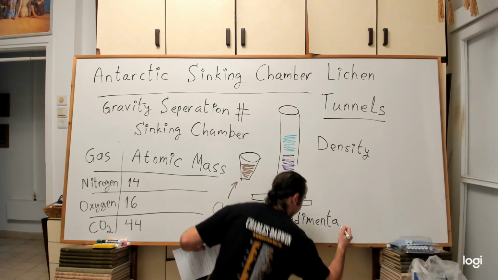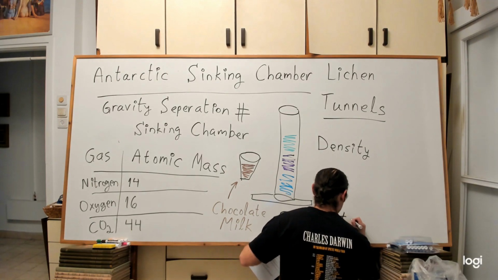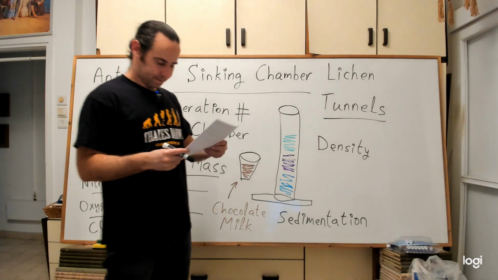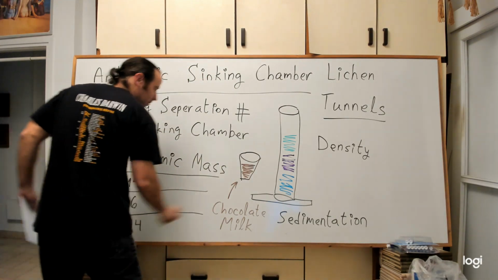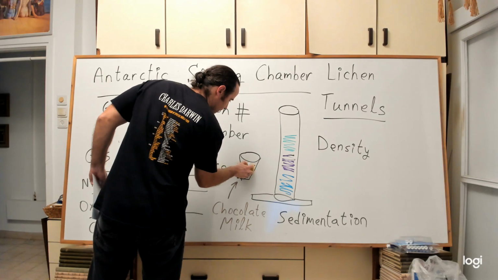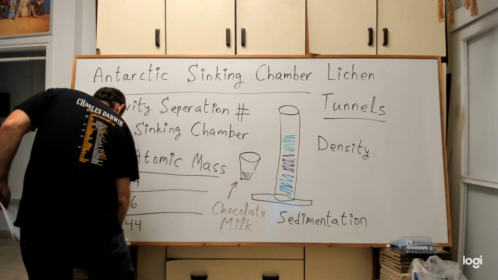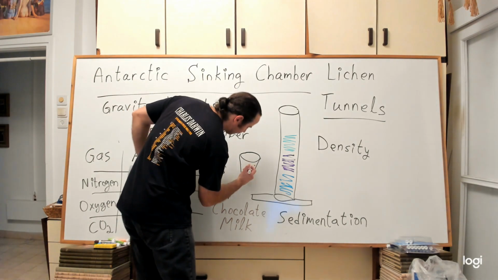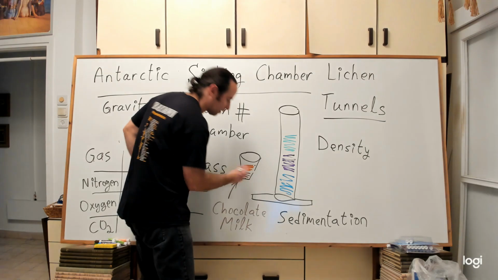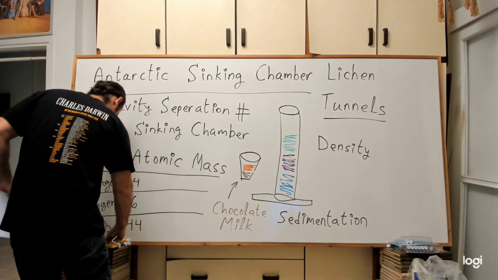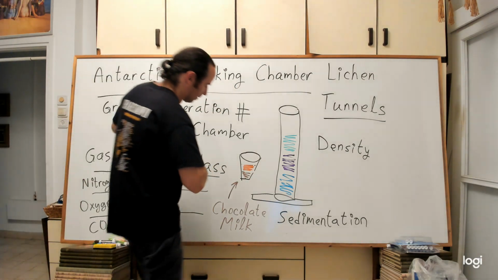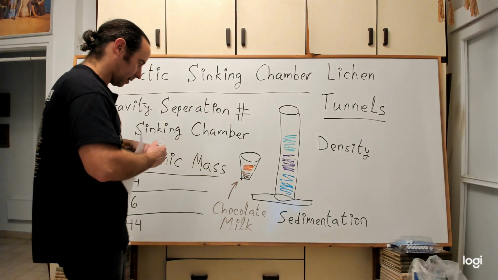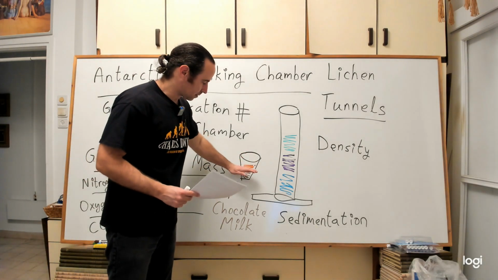Like you have here another color, and here you have, I don't know, a different color. So it's like different layers in the chocolate milk.